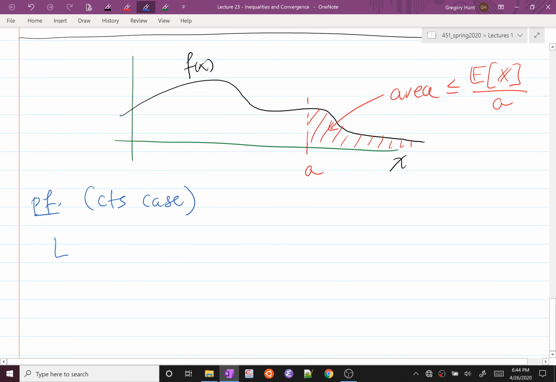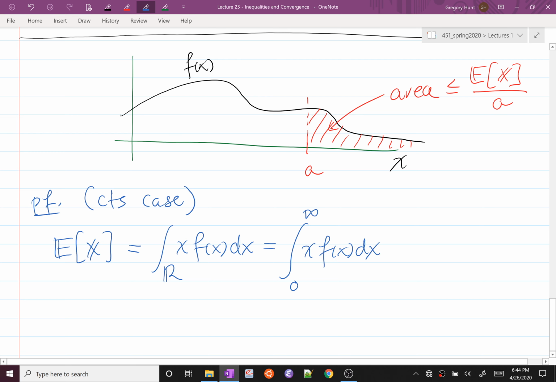Okay, so for the proof, we're going to start by looking at the expected value of X. And the expected value of X, in the continuous case at least, is the integral of x times our PDF dx over the whole real line. Of course, in this case our random variable is positive, so really we can just integrate from 0 to infinity of x f_X dx, because our support is positive.